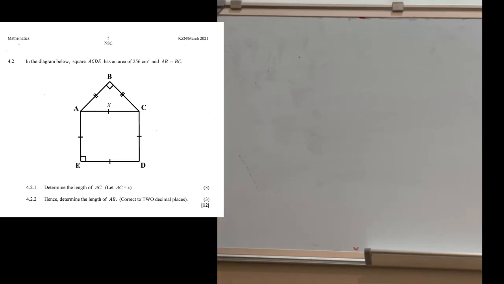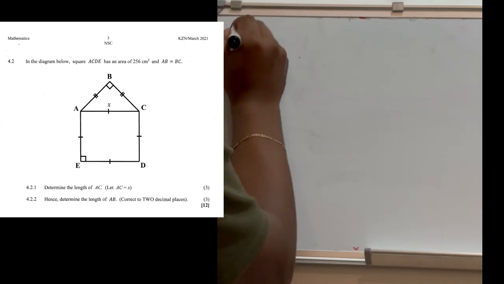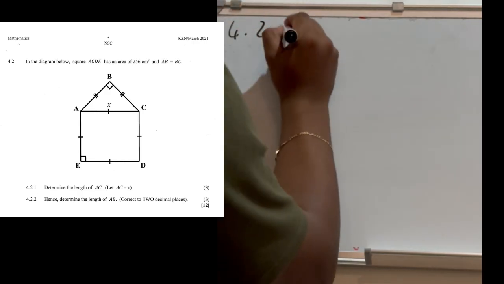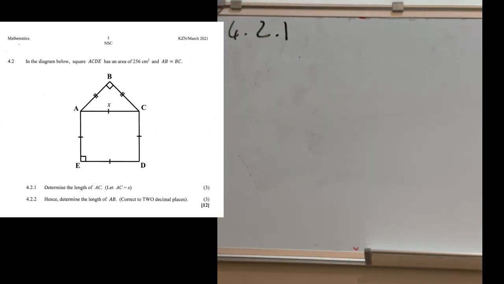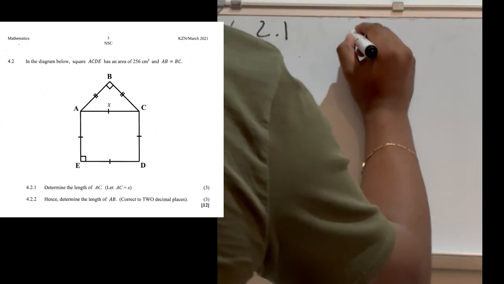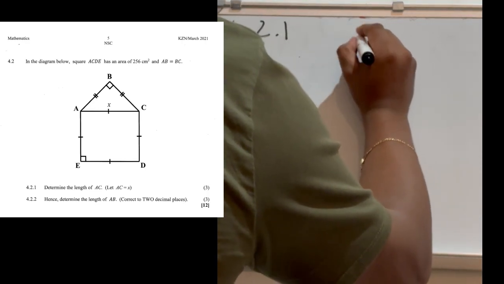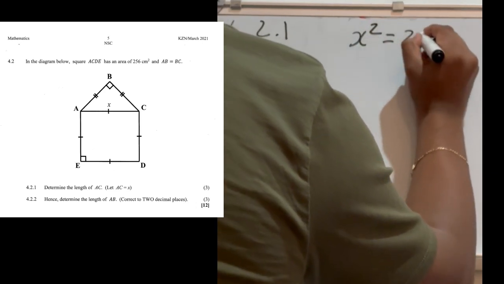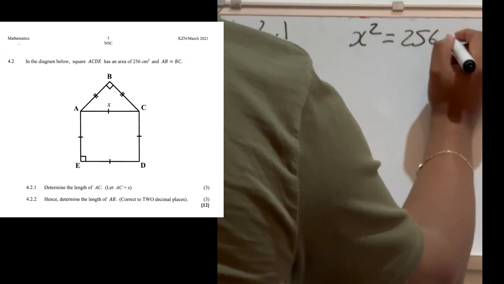Question 4.2.1. So they say determine the length of AC in the square ACDE. That's the area of that. So we know the square. So x is a side of the square, which is x squared is basically equal to the area, which is that.